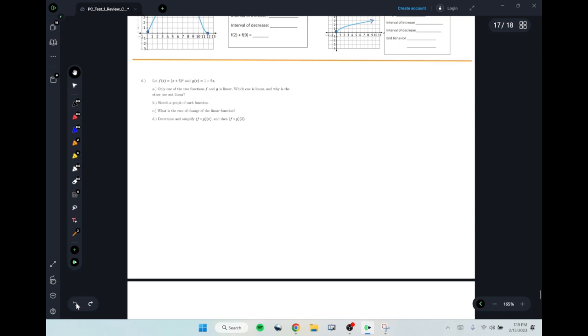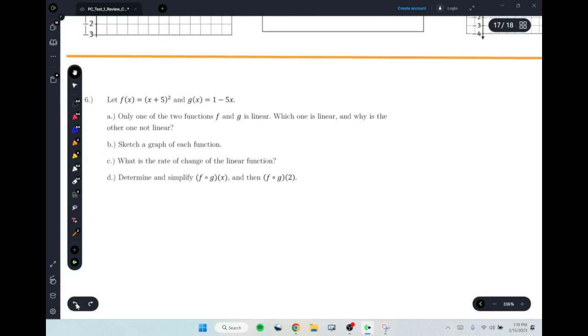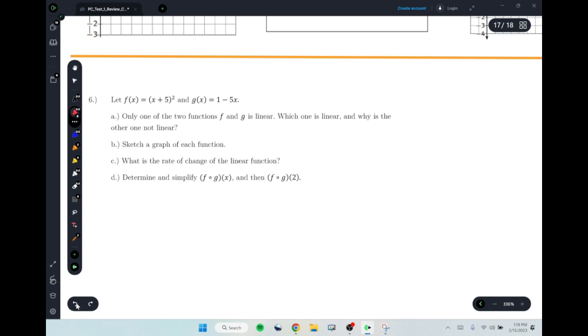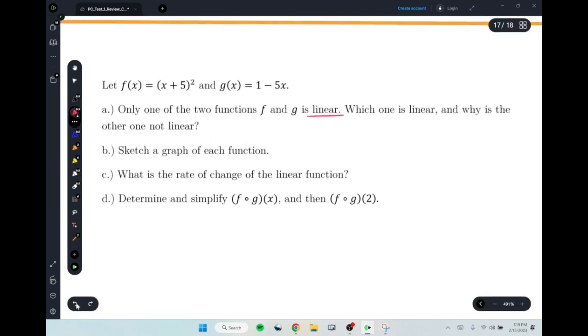One of these functions is linear. Which one is linear and which one's not? I guess you just have to know what linear means. What does linear mean? Kind of means the word line.